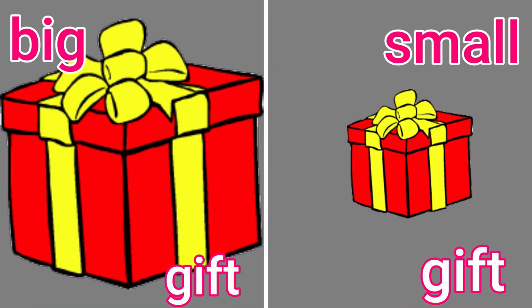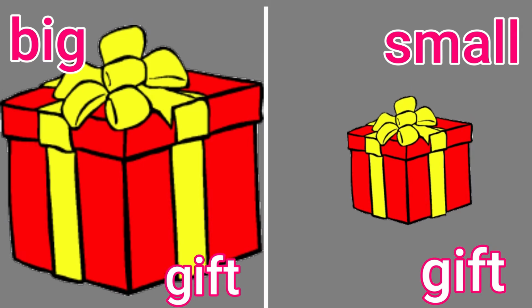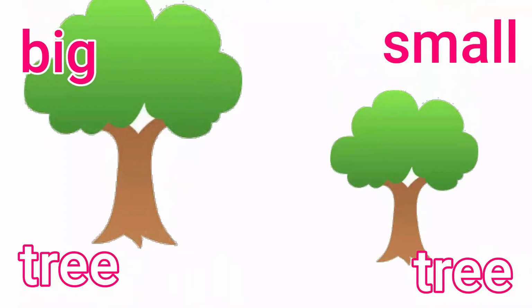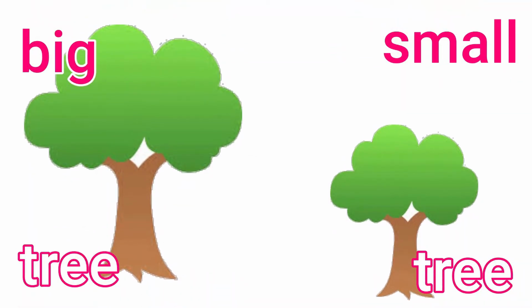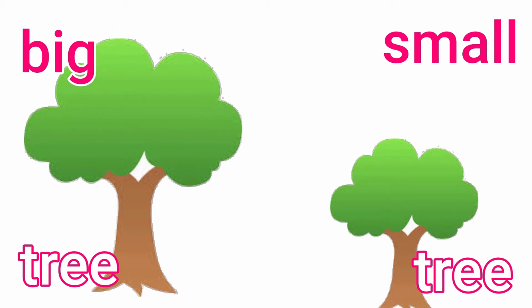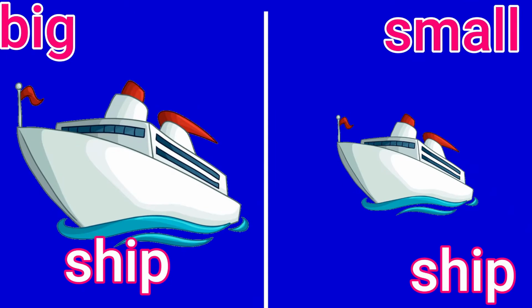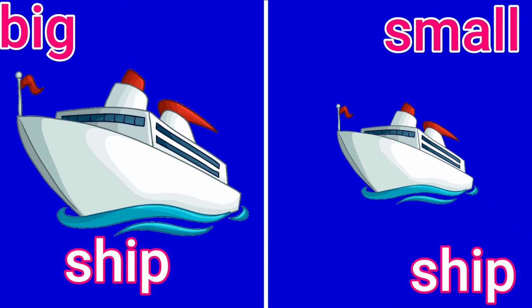Which gift is the big one? Left side one. There are two trees. One is big and one is small. You can see two ships. One is big and one is small.